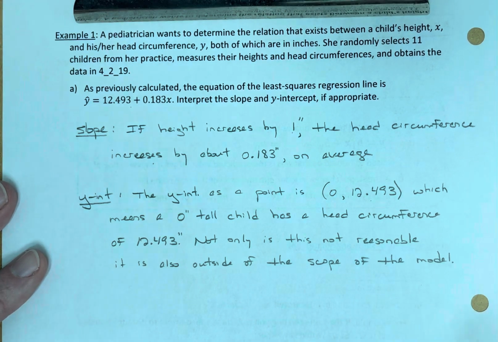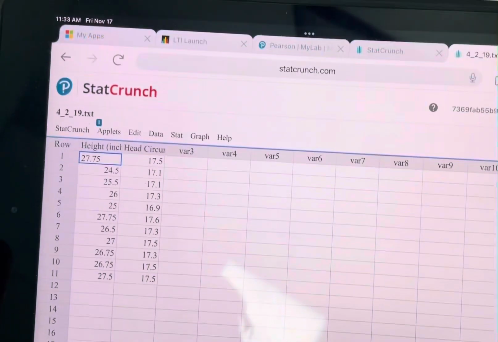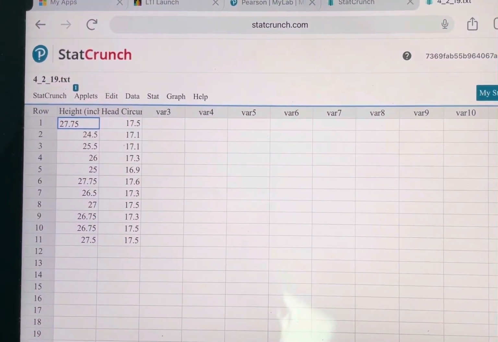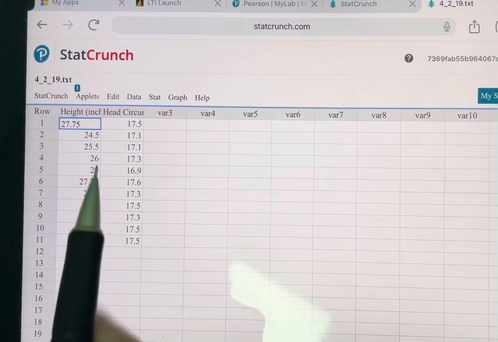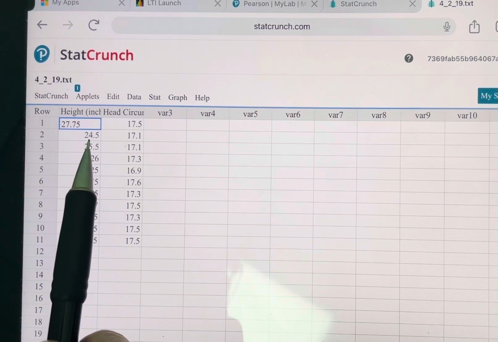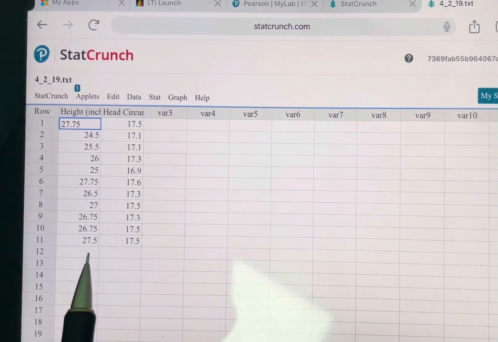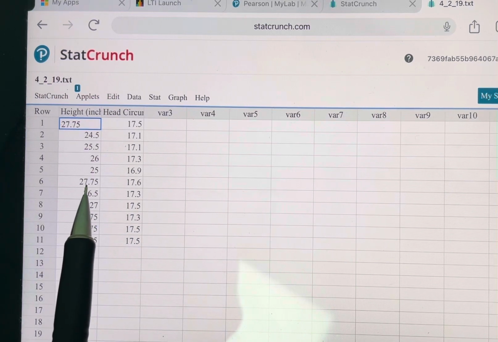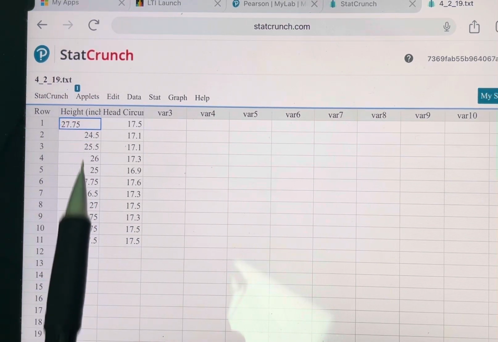Let's take a look at our data to see that. Our model is based upon this data, and the heights go from a low of 24.5 inches to a high of, it looks like, 27.75 inches.